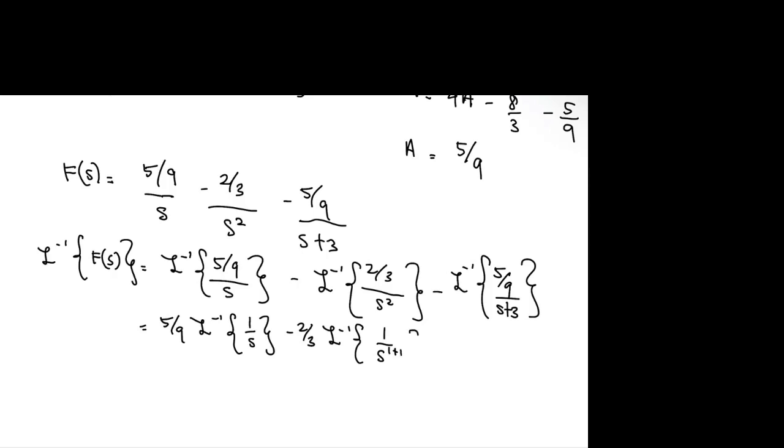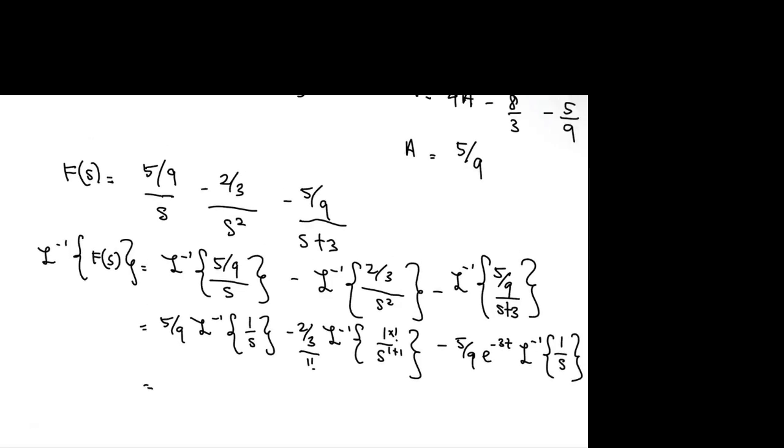So here we should multiply by 1 factorial, which doesn't change anything, because we divide by 1 factorial. Here, 5 over 9 over S plus 3, so exponent minus 3t. Inverse Laplace of 1 over S.